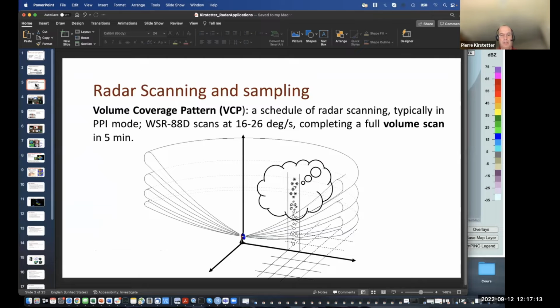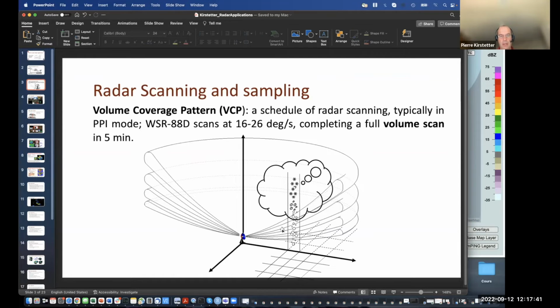I will go over this one quickly because David did a very good job describing how a radar samples the atmosphere. You can see here, tiny at the bottom, the radar, and it sends waves that will interact with clouds and hydrometeors that typically are more in the ice phase aloft and in the liquid phase near the ground.